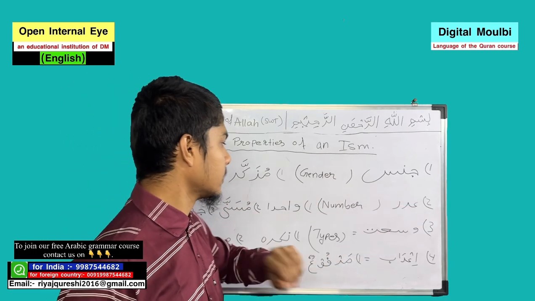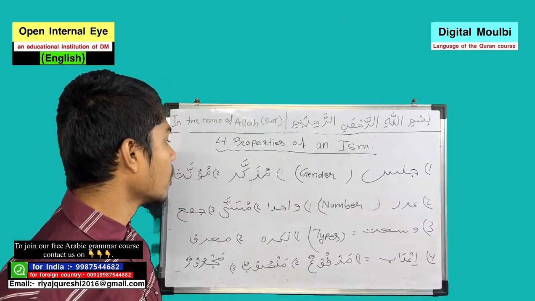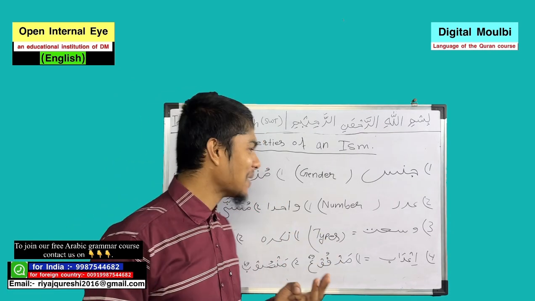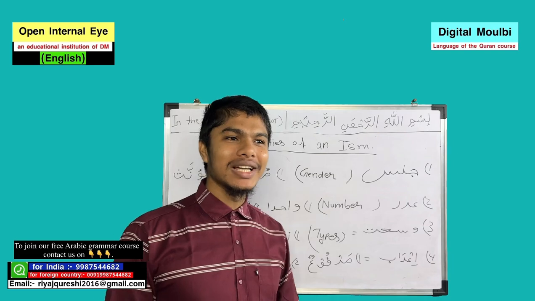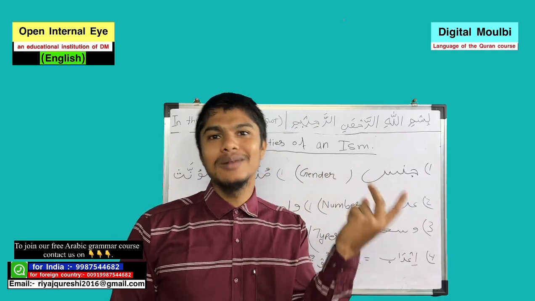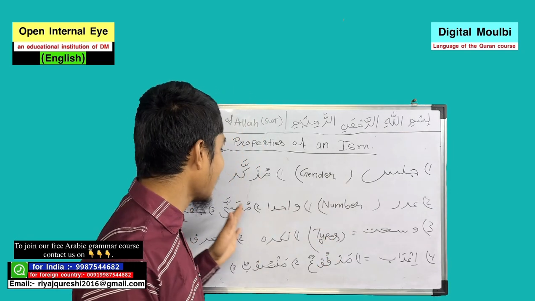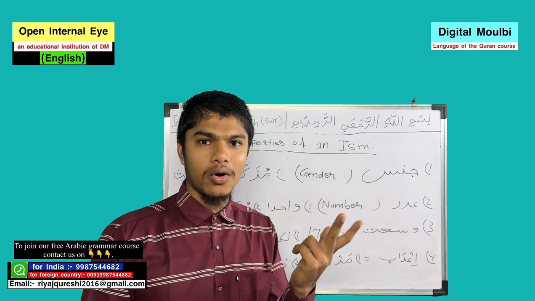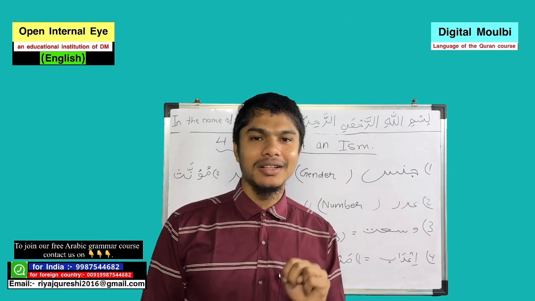Number 2 is adad. Adad means number. So there are 3 types of number in Arabic language, because we know that there are 2 types of number, singular and plural, one and more than one. But in Arabic they have a special word for 2 things, which is a pair.